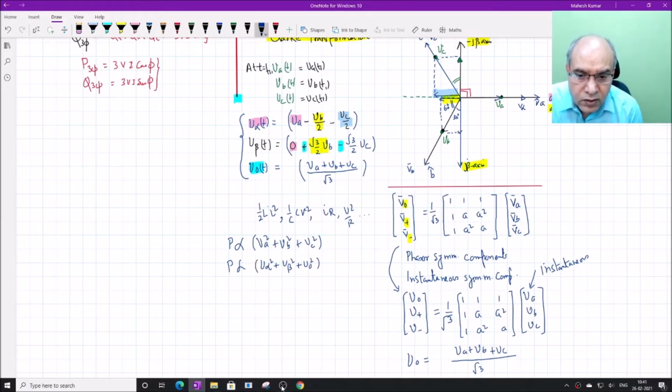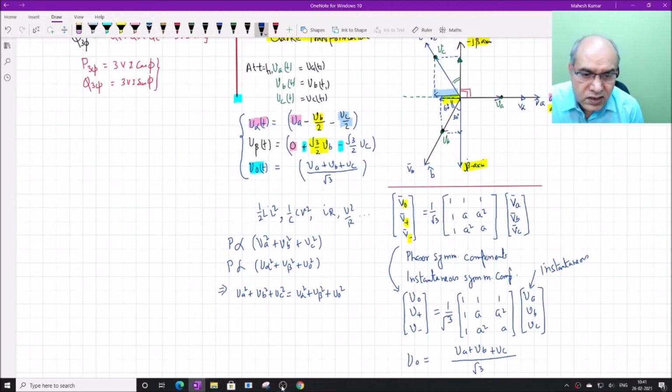And therefore, there must be some constant for which the energy, the power, remains constant for both systems, which implies that BA square plus BB square plus BC square must be equal to B alpha square plus B beta square plus B0 square.